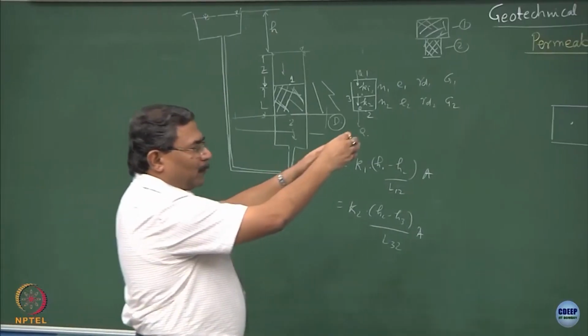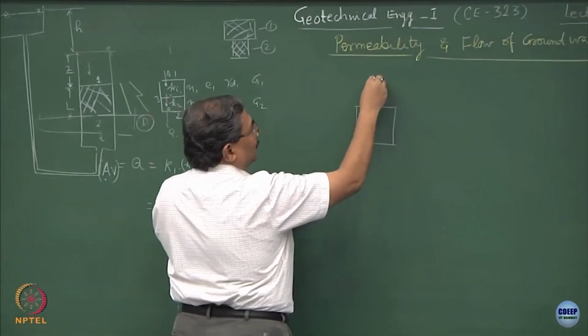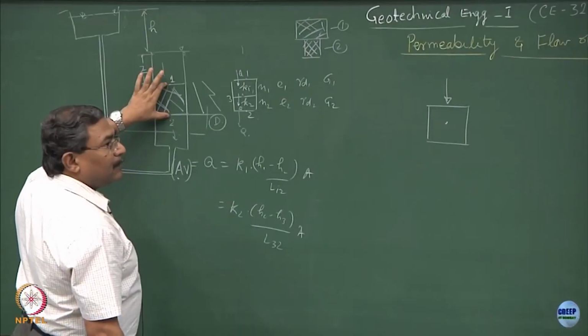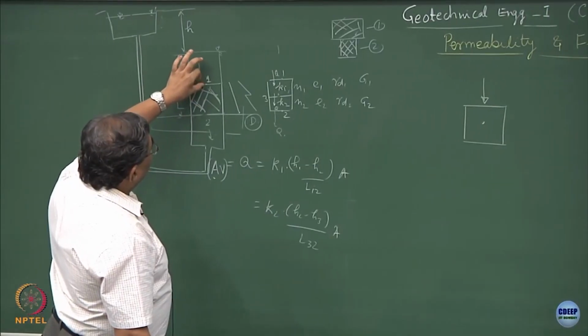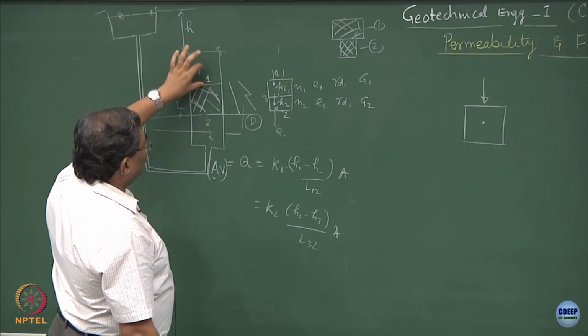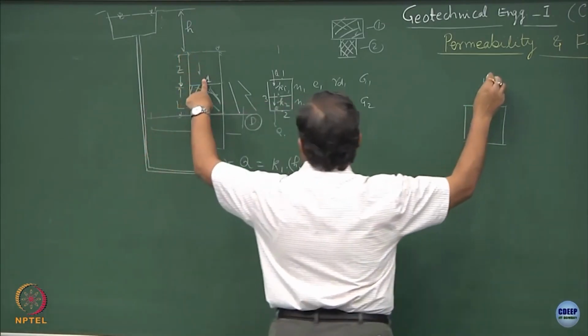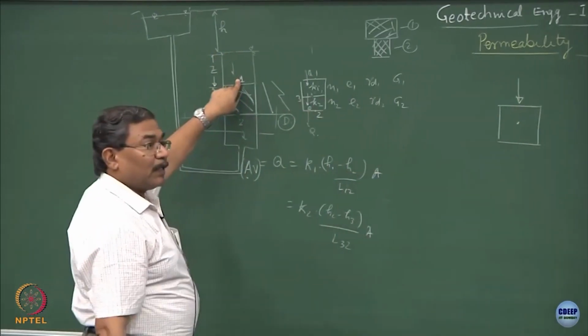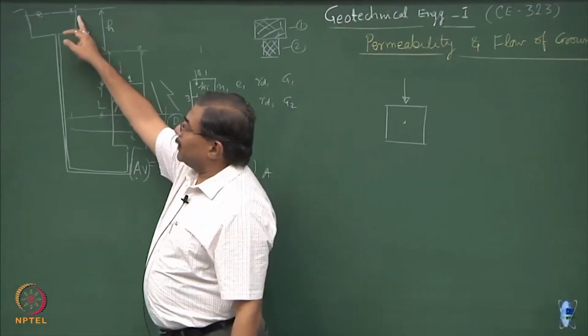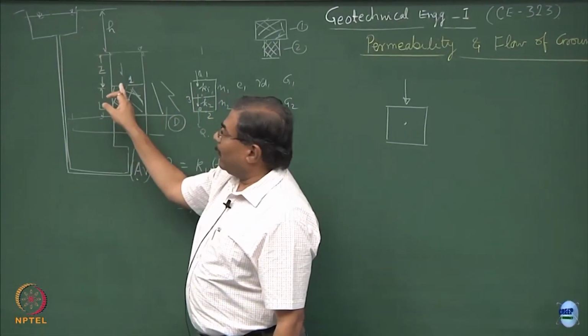Okay, let's do it together. Is there something acting from the top? How much is that? This is a sample. What is the total head at point 1? H, total head. This H is not directly connected to point 1.